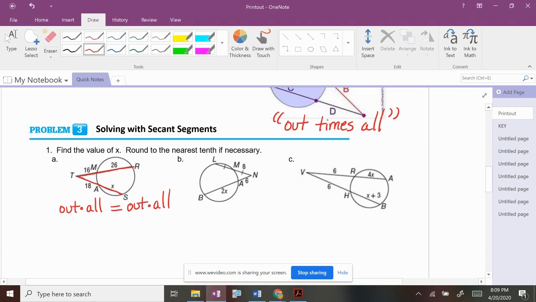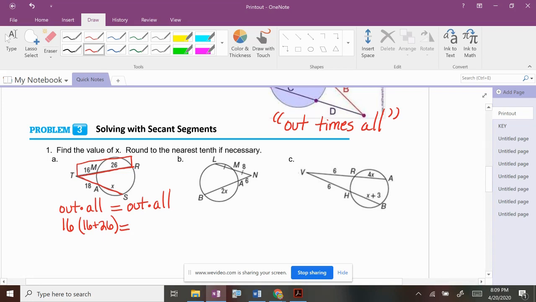For the first one, the top secant, what is my outside part? 16. What is all of it? Well, I have to add 16 plus 26. Now you could tell me there 42, but I just want to make sure that you understand I'm adding the two parts to make it all of the secant.